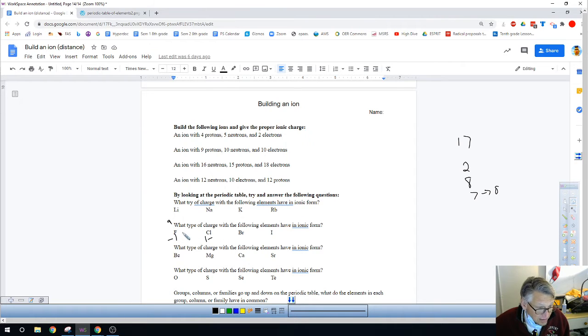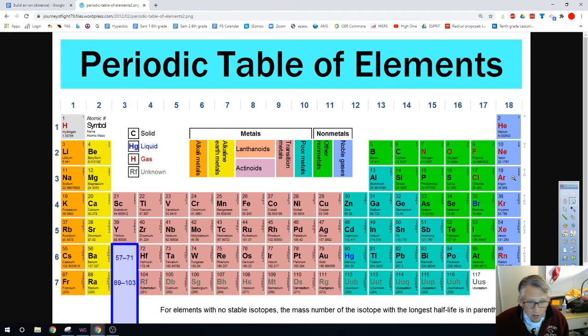So fluorine is -1, and chlorine is -1, and bromine is right underneath it. It's going to be a -1 charge, and iodine is right underneath it, and it's going to have a -1 charge. So if we look at the periodic table, fluorine, chlorine, bromine, iodine, and astatine are all in group 17.